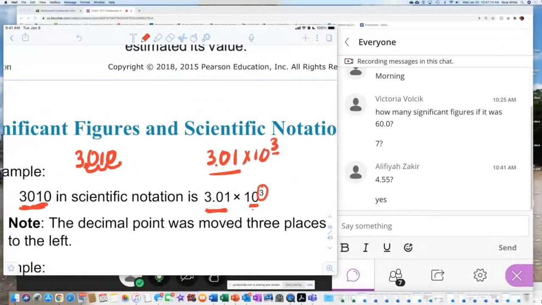Make sure you have one non-zero number to the left, because your base number can be equal to 1 or greater than 1, and it has to be less than 10. This base number can never be equal to 10. I forget how they say it in math, so I'm just going to describe it: it can be very close to 10, and it can be equal to 1, so essentially between 1 and 10, but never equal to 10.